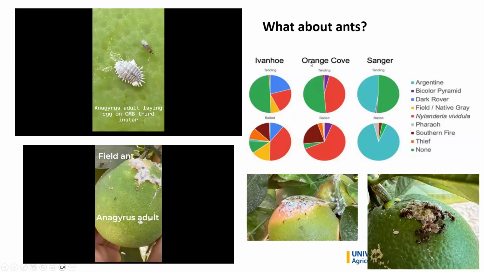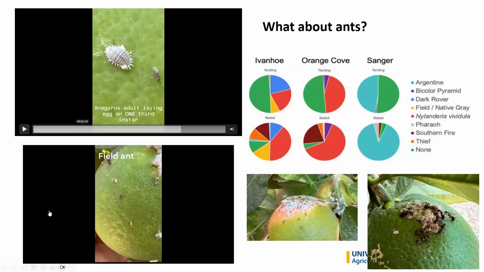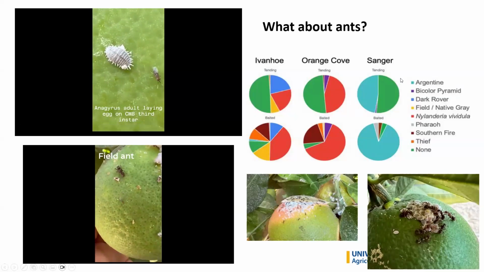So another thing that I'm sharing with you here is a study that Kelby Keeling is doing as a graduate student, looking at what kind of ant species we are seeing associated with mealybug. What is tending mealybug? And this is from her research. The pie charts down below are the ants that were collected on the ground, and the pie charts on the top are the ants that were collected actually tending the mealybugs.